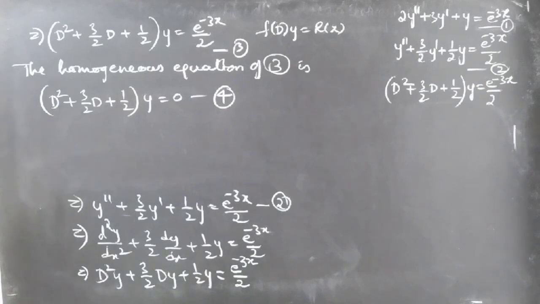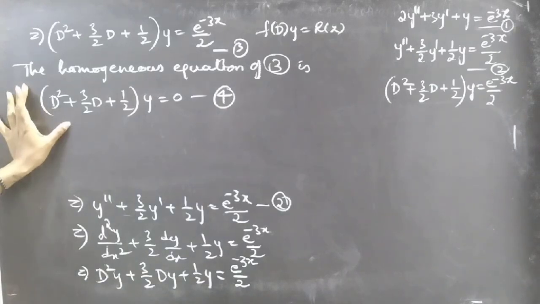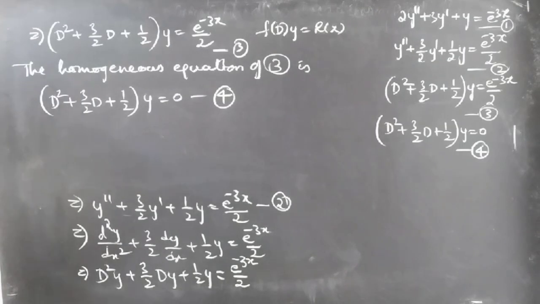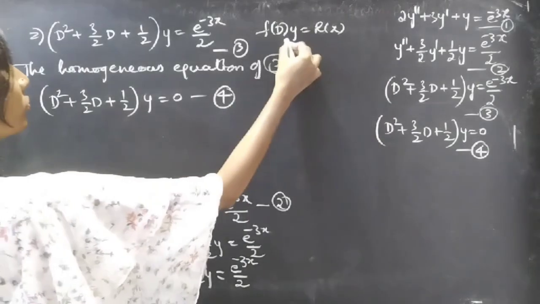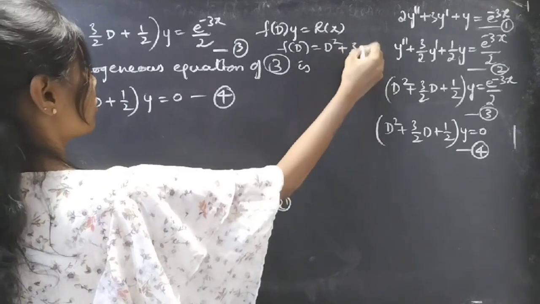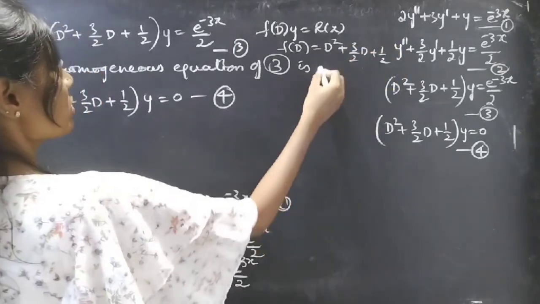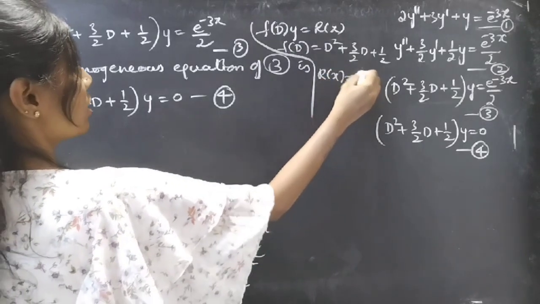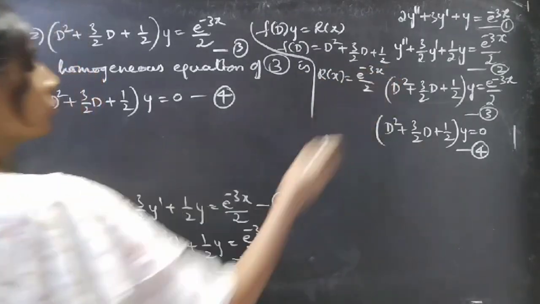Now we need to find the solution to equation 4 using the auxiliary equation, and later using the solution of the homogeneous equation we'll find the general solution to our problem. So here f(D) is D² + 3/2 D + 1/2, and R(x) is e^(-3x)/2.